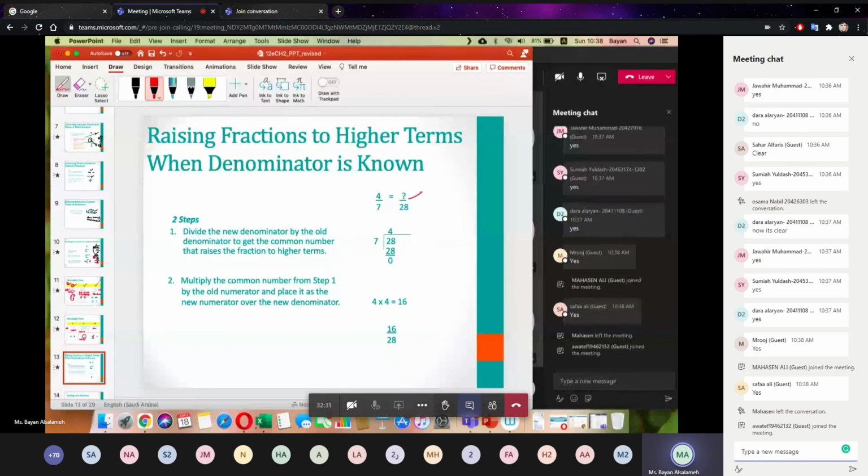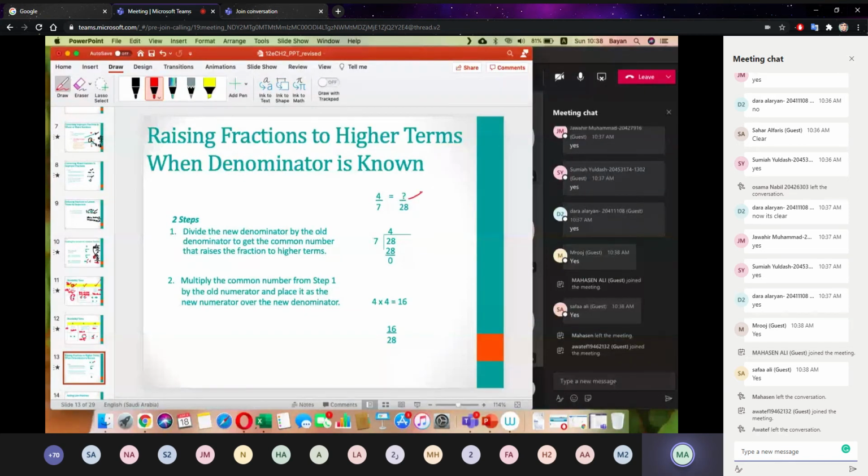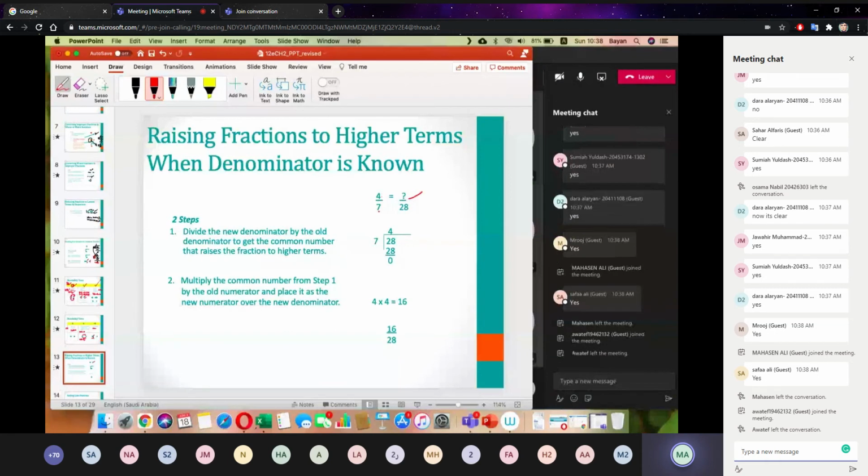We need to find this unknown value. What should we do to find it? We will divide 28 by 7. So we do the long division. Here we have 7 and here we have 28.